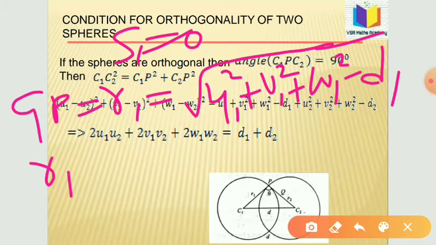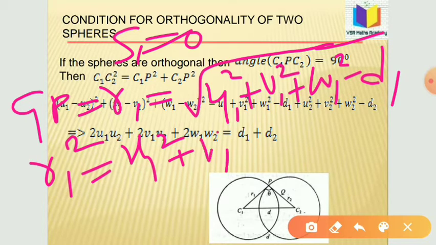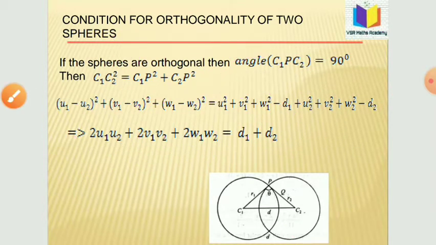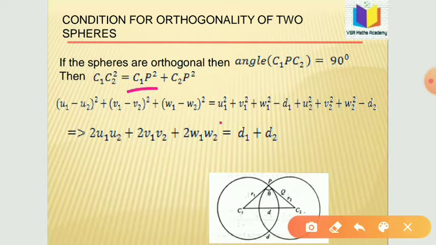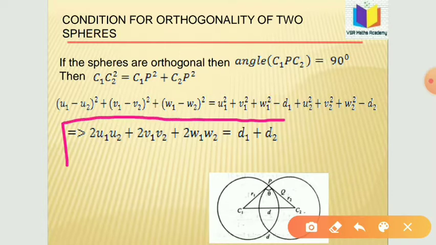Therefore r1 square is equal to u1 square plus v1 square plus w1 square minus d1. By using this, C1P whole square is equal to u1 square plus v1 square plus w1 square minus d1, and C2P whole square is equal to this. On simplification, finally we will get 2u1u2 plus 2v1v2 plus 2w1w2 is equal to d1 plus d2.